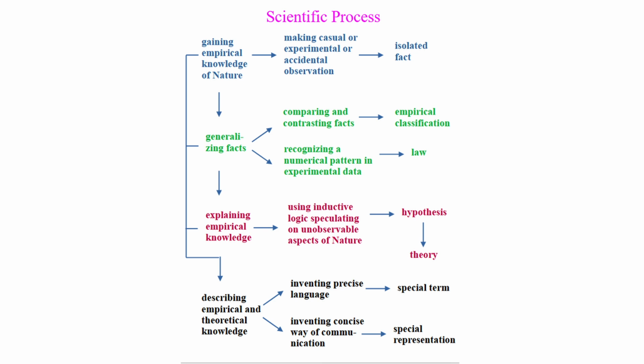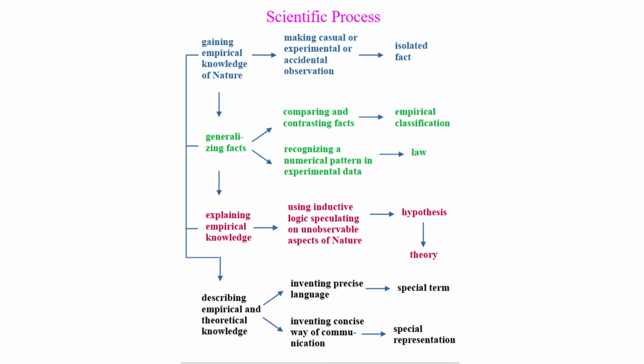The fourth and last major activity is describing empirical and theoretical knowledge both precisely and concisely. This activity pervades through all the previous activities and is carried out as and when needed.